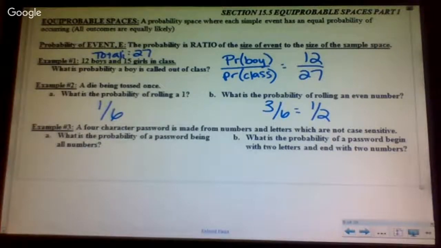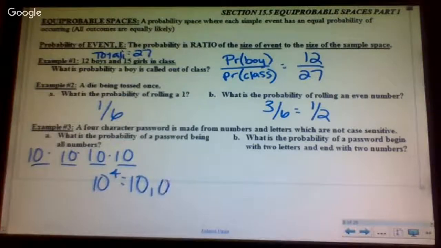A 4-character password is made from numbers and letters, not case sensitive. What's the probability of a password being all numbers? Remember, you've got 4 spaces. Each space has how many choices? 10. I'm doing all numbers. So 10 times 10 times 10 times 10, or 10 to the 4th power, which is 10,000.